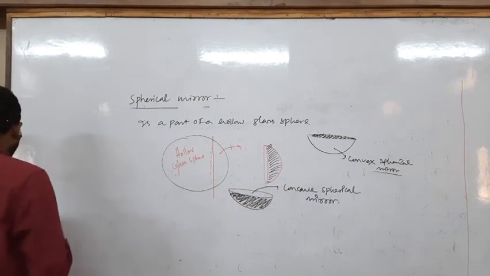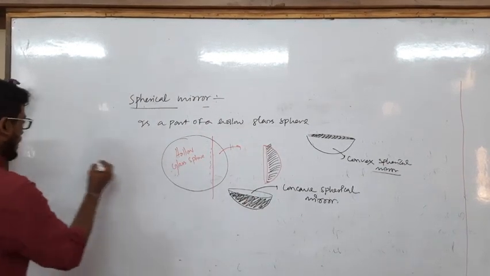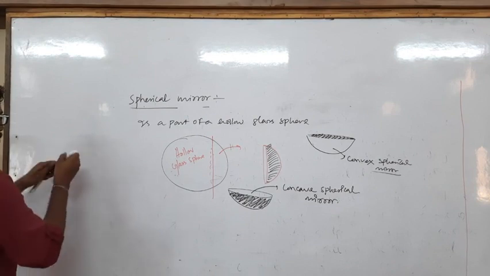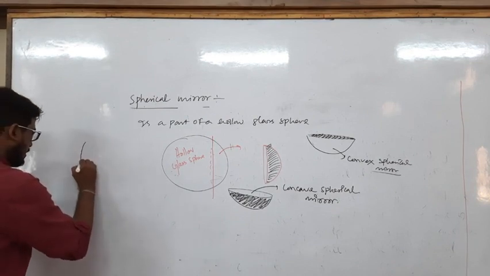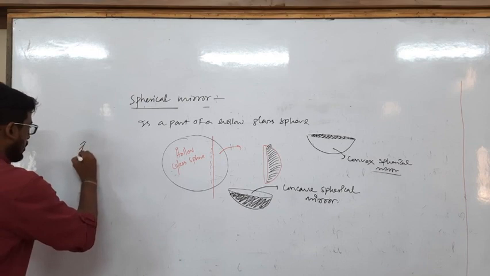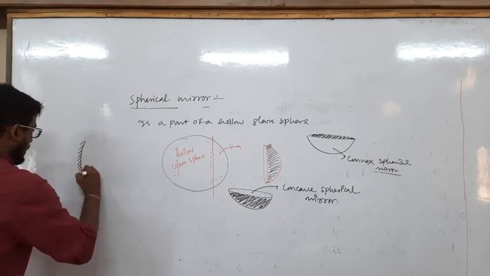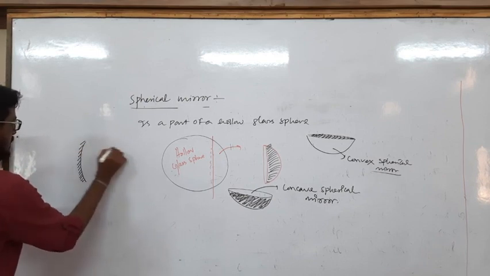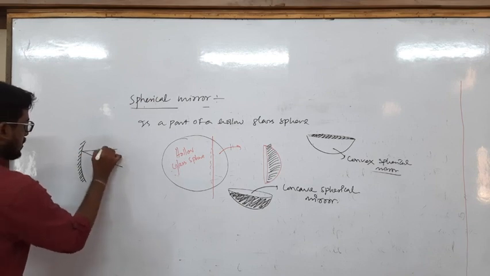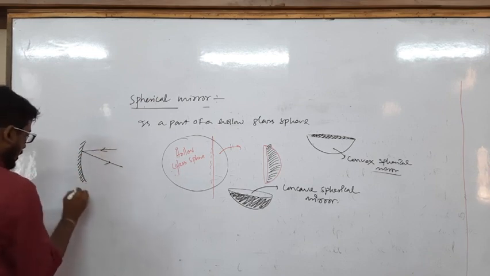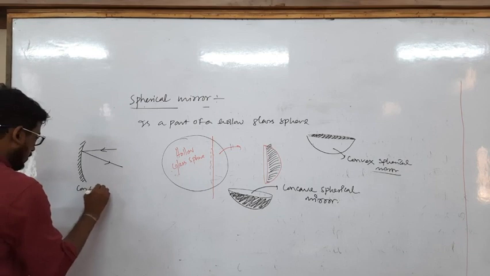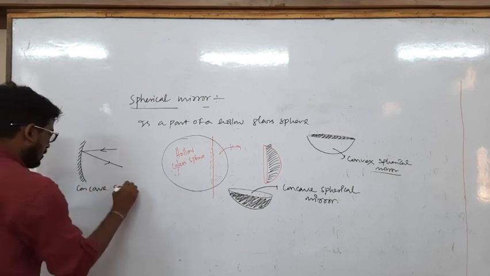In geometrical optics we have to represent them like this. The concave spherical mirror will be represented like this. This portion becomes opaque, so light incident from this side will reflect along this direction, so this will become a concave spherical mirror.